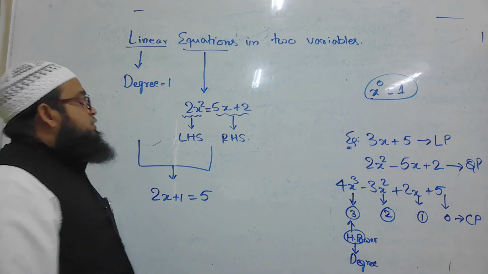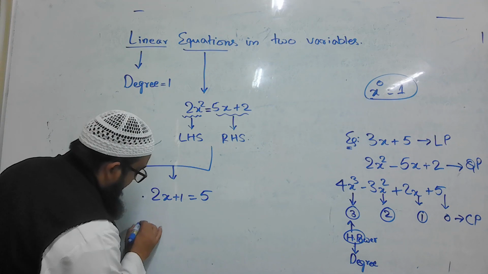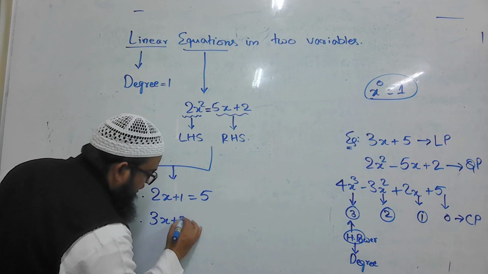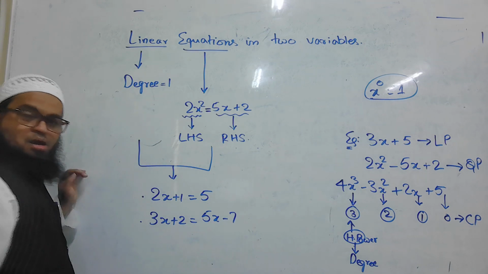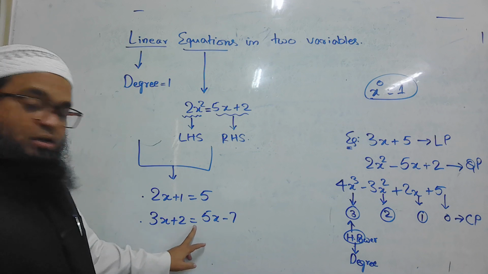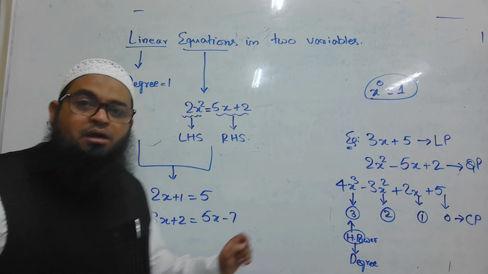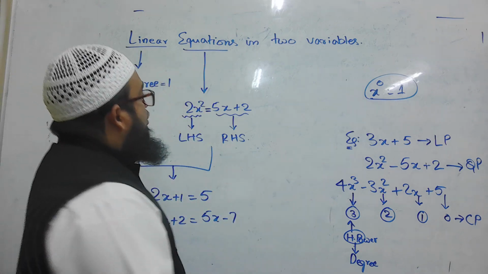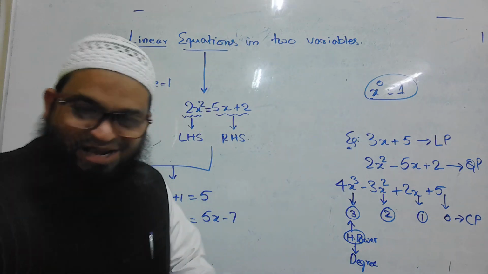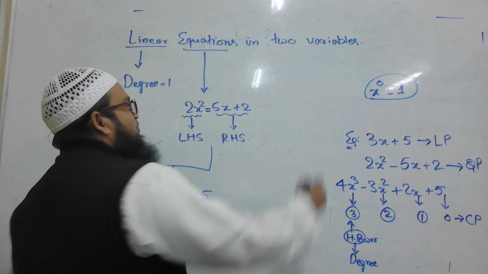Good boys. It can be one more, 3x plus 2 is equal to 5x minus 7. It is also an equation because you have an equal to sign in between. Now everybody understood linear equation. Sorry, I haven't gone to two variables yet.